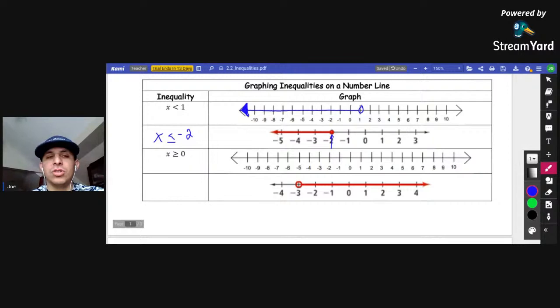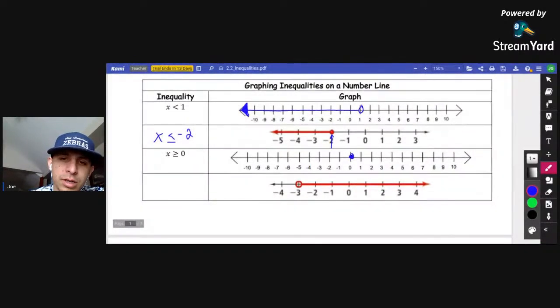So we simply add in the or equal to, and our inequality is complete. Same thought process here with our next one. But the inequality symbol is switched. Now we have greater than or equal to. So we want to make sure that we draw in a closed dot, and we want all the values that are greater than or equal to 0.